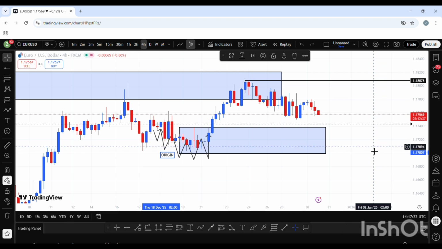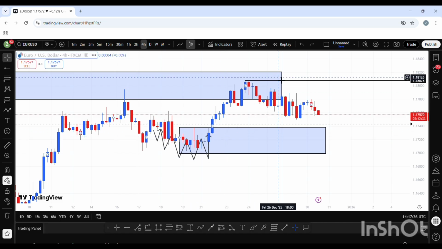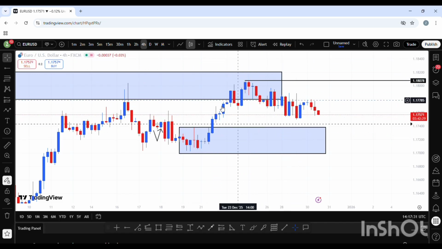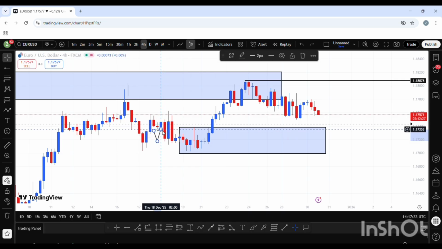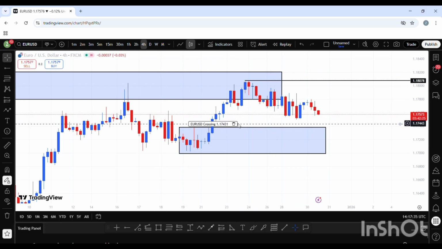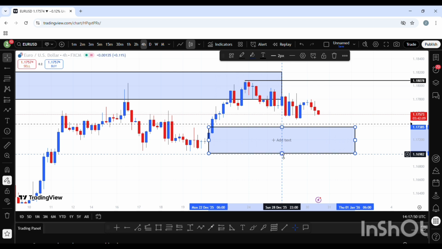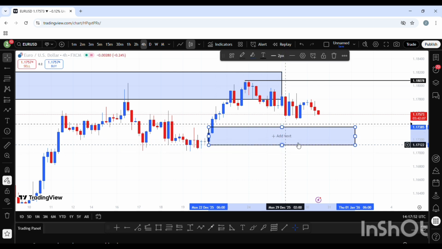So let's head over to 4 hours, and as you can see, we have this range. I've just mapped the range. Today we are not discussing ranging markets or origin. Mostly if you see a range, sometimes the range can be an origin, but whatever I have just erased was an origin, and that's where you can see we got an order block, this one.